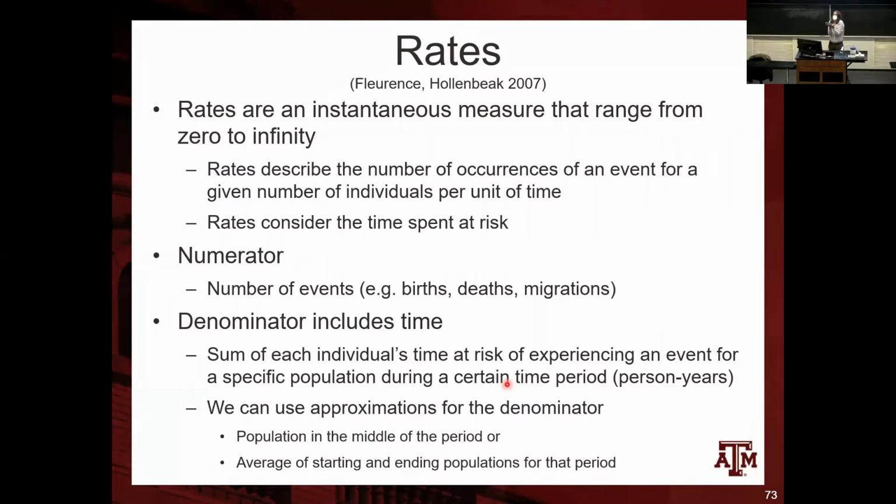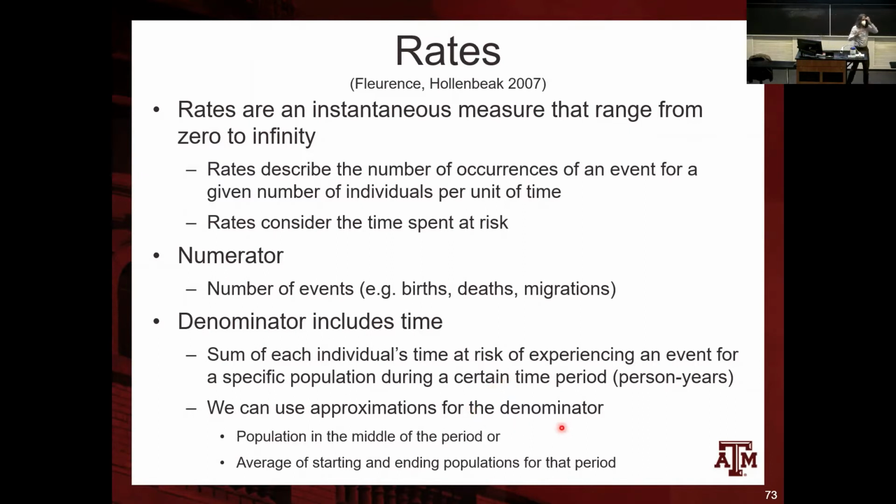If for some reason there is much higher mortality in the spring compared to the fall or vice versa, then my assumption is not so good, right? But if the levels of mortality are pretty much the same in the spring and in the fall, then the population in the middle of the period is a good approximation for my denominator.